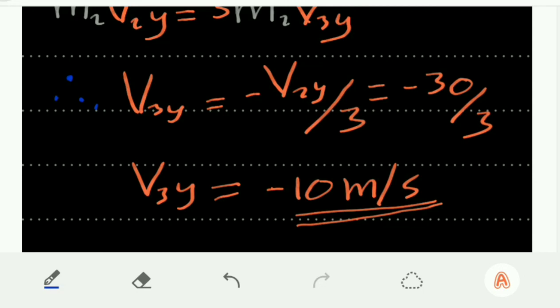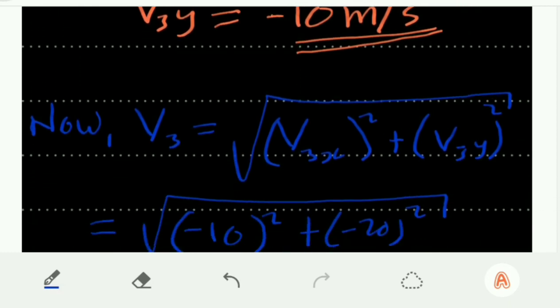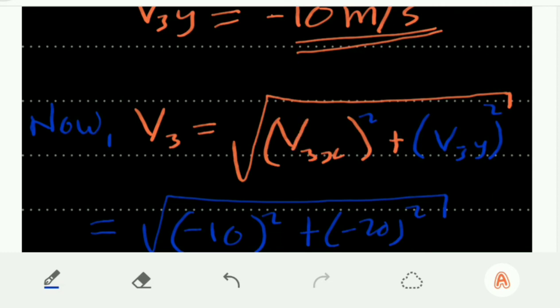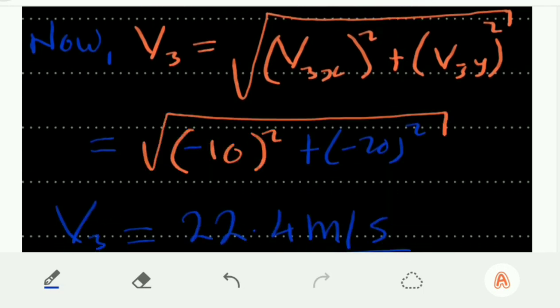So now we can find the magnitude of v3, and we know how to do this from the time we've been doing vectors. v3 is going to be the x component of v3 squared plus the y component of v3 squared, under the square root. So we're simply finding the magnitude here.